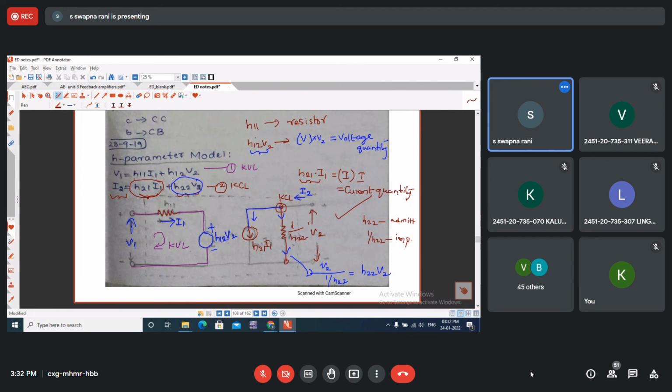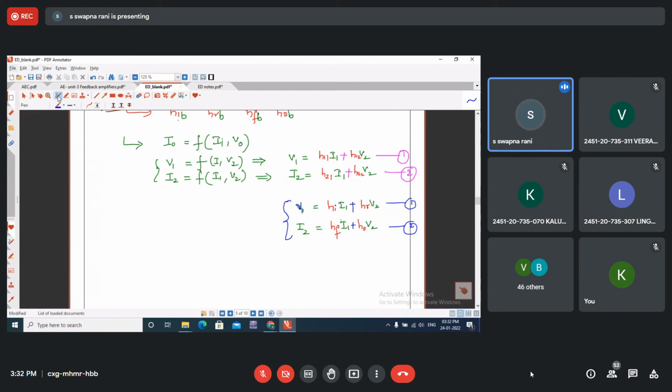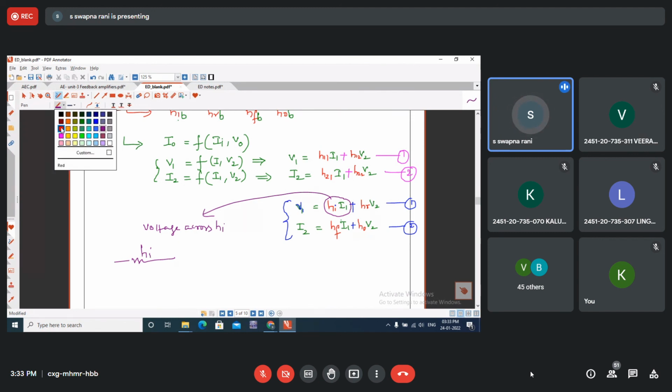So from equation 1, the first term H11 I1 represents the voltage drop across H11. Therefore, I have introduced a resistor H11, and the current through that resistor is I1, and V1 is H11 into I1, already done.